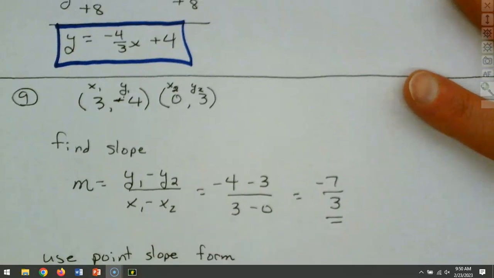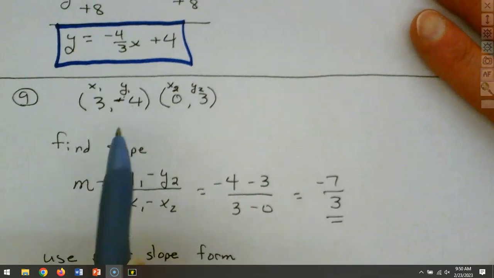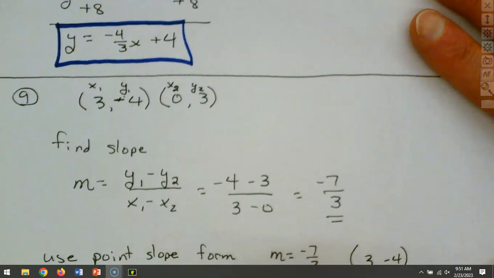And for the point slope formula, you have y minus y1 equals m times x minus x1. And it doesn't matter which ordered pair we use. We'll just use the first one. We're going to use our slope, which is -7/3. And then we'll use that ordered pair, 3, -4. And that's x1 and y1.